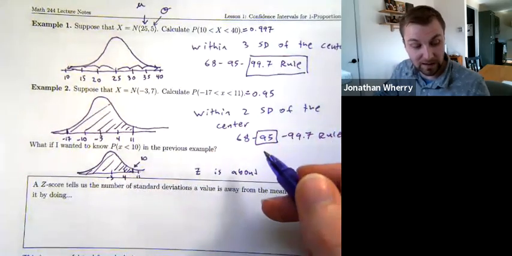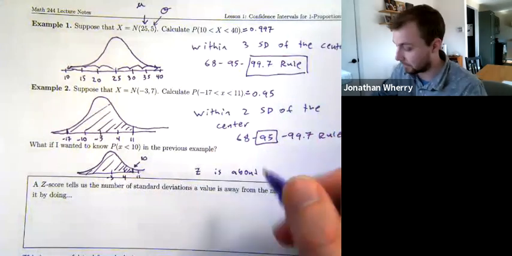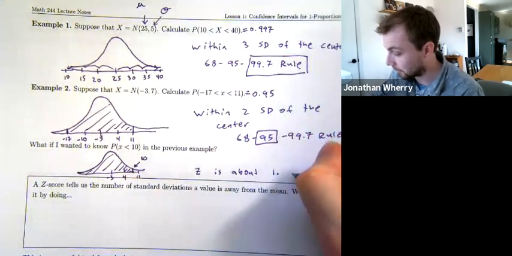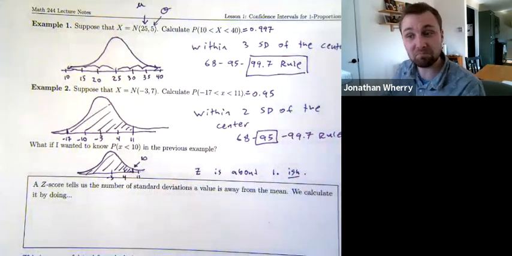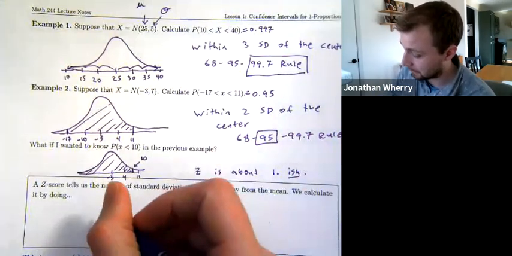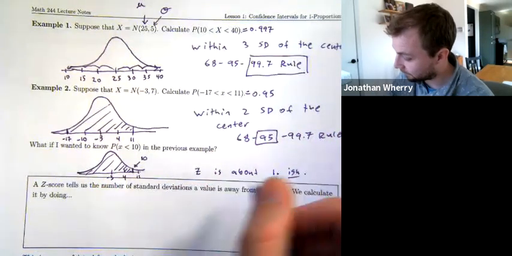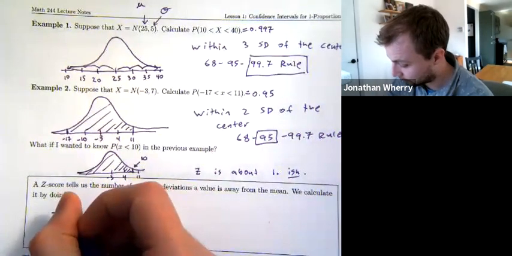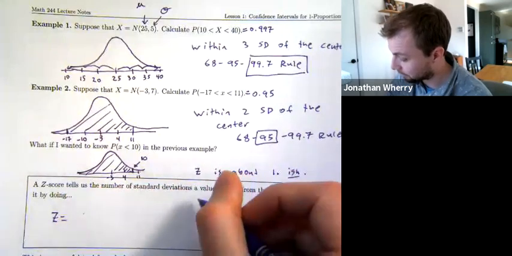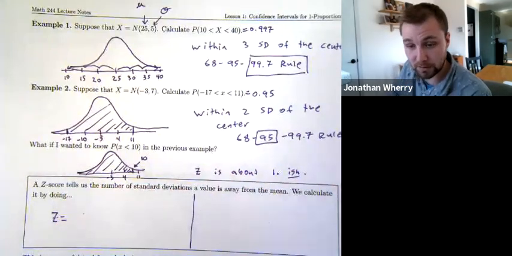So I might guess that my z-score here is going to be 1 point-ish. Ish isn't a very good guess. We'll have to do better than that. We'll see what we can do. I'm going to find this z-score for this particular problem with numbers, but then I'm going to come up with a formula on the side.